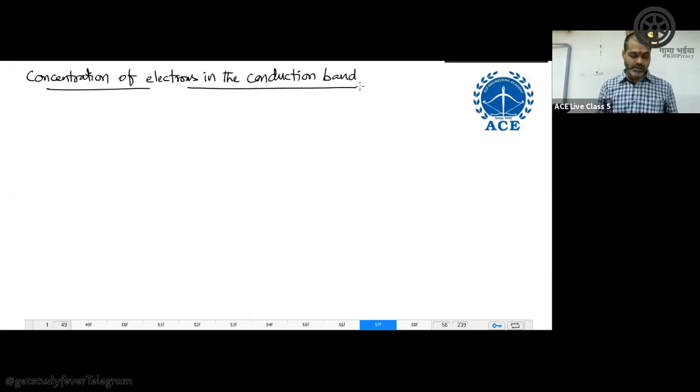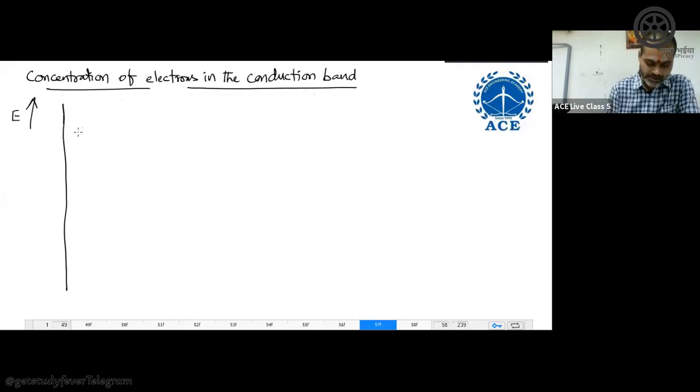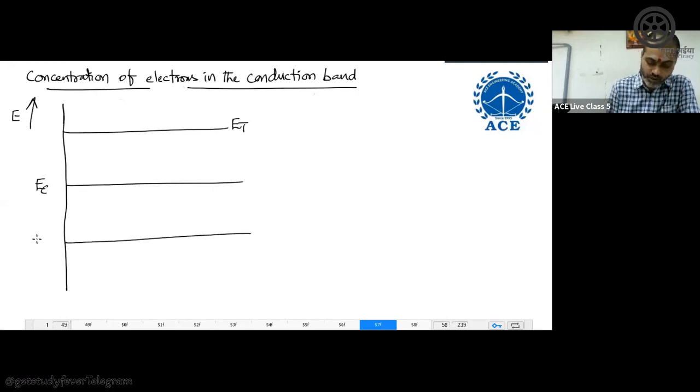Now let us take this as the electron energy. Let us take this as the top of the conduction band, and this as EC, which is the bottom of the conduction band.